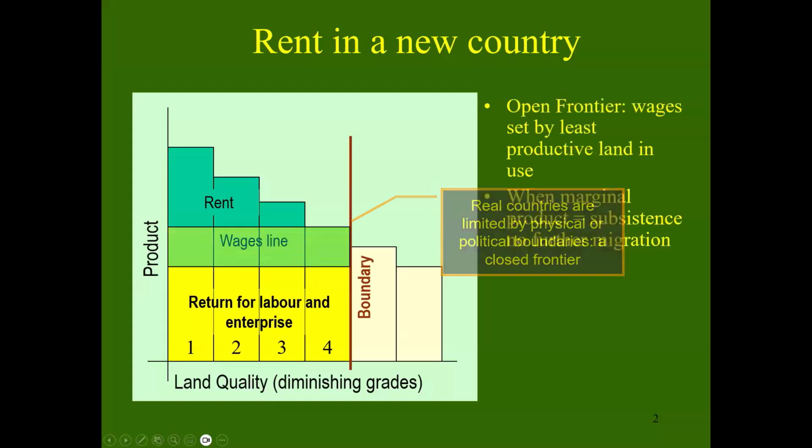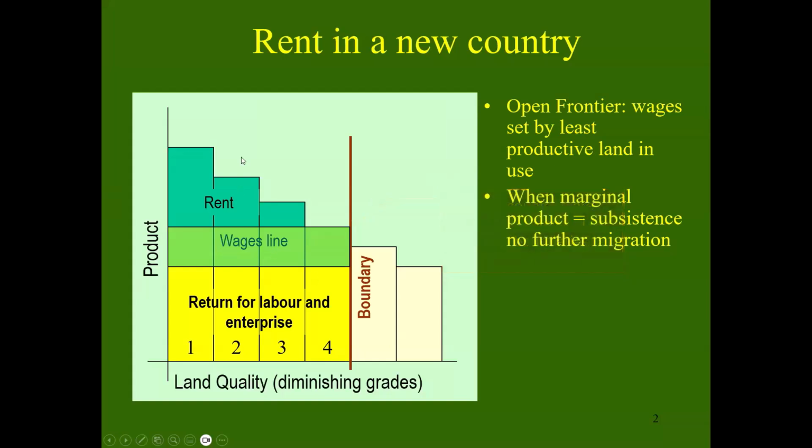The important thing is that by the time all of this settles down and you actually run out of useful land, the return for labour and enterprise, the actual wages and business profits, has come down because land costs a lot of money.